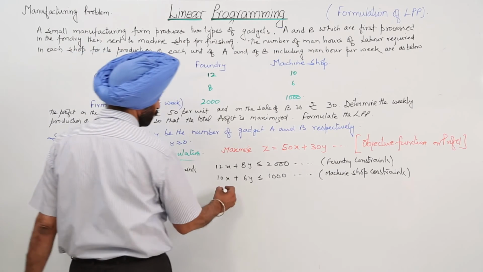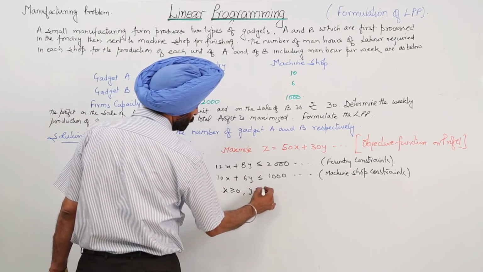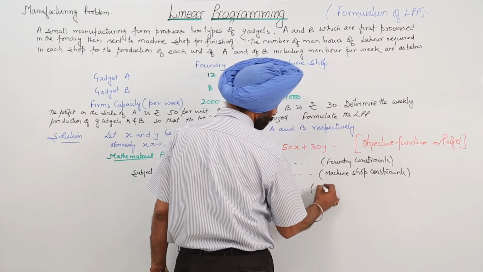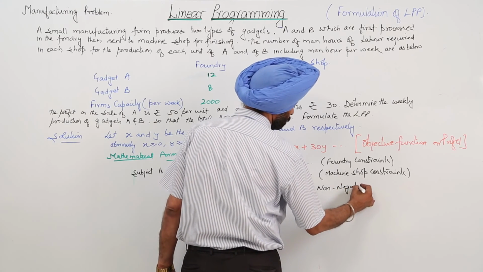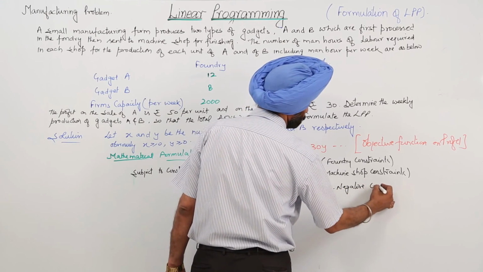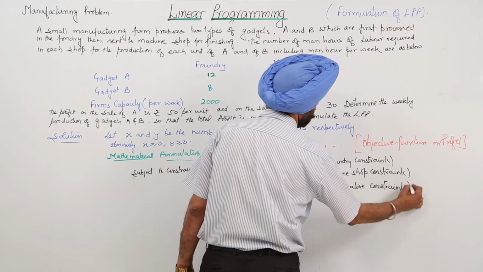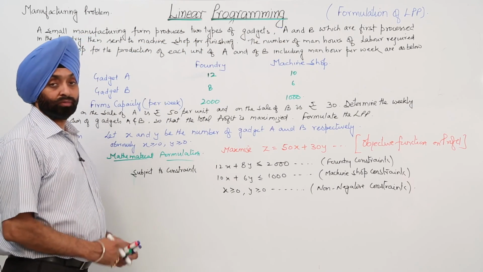Then we are having x is greater than or equal to 0, y is greater than or equal to 0. These are what are called non-negative constraints. So now we can solve the question.